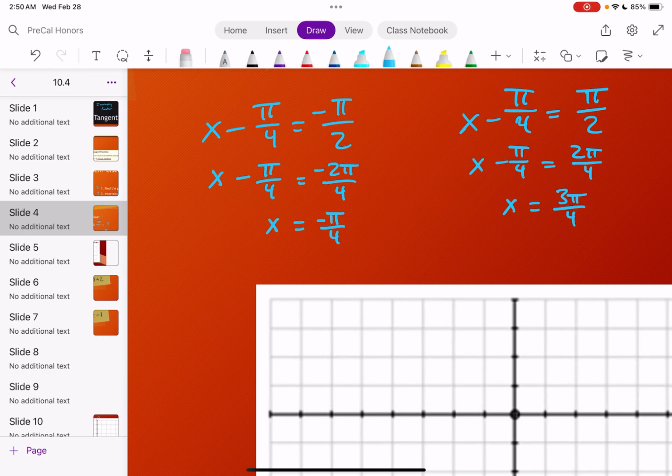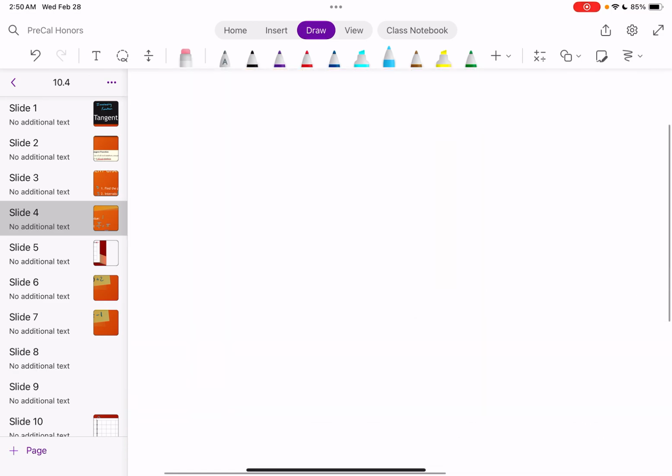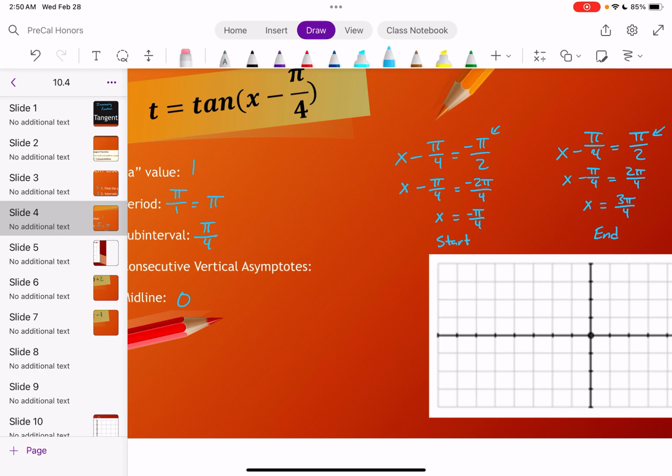This would be considered your start when we are looking at the negative pi over 2. And this would be considered your end when we're working with the pi over 2. So in this case, your answers to the consecutive vertical asymptotes would be negative pi over 4 and 3 pi over 4.